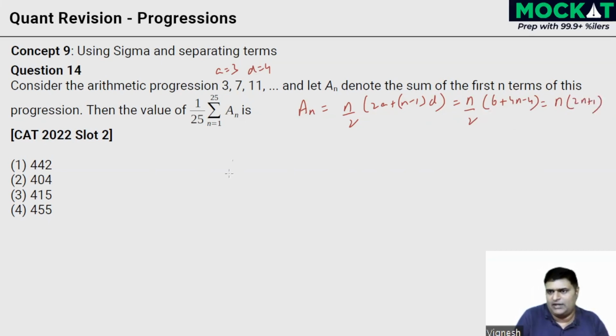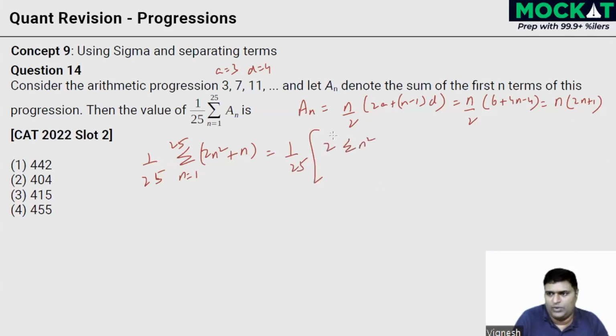So what I need to effectively find over here is 1 by 25 into sigma n equals 1 to 25, n into 2n plus 1, which is nothing but 2n square plus n. I can individually take these. I'll keep the 1 by 25, and I will write it as 2 times sigma n square, 1 to 25, I should remember, plus sigma n. That's the idea.